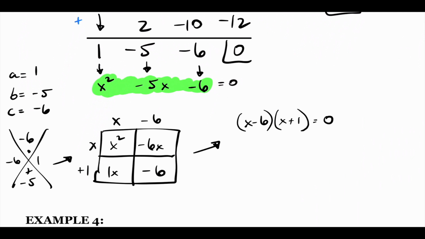Are any of those difference of squares? No. They don't even have squares. x minus 6 and x plus 1 don't even have squares. So no. How do I solve to get answers? Set them equal to 0, right? Set them each equal to 0.